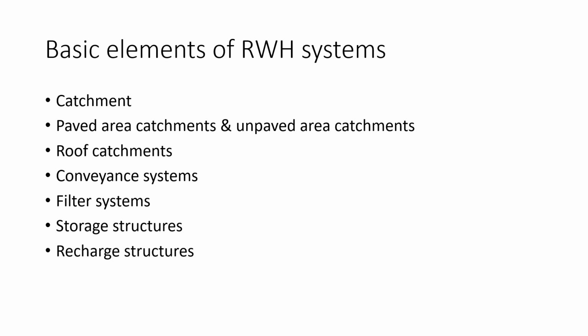These are smooth surfaces, clean and more impervious to seepage. These surfaces collect a greater quantity and better quality of water. These could be roofs, driveways, parking areas, courtyards and roads.